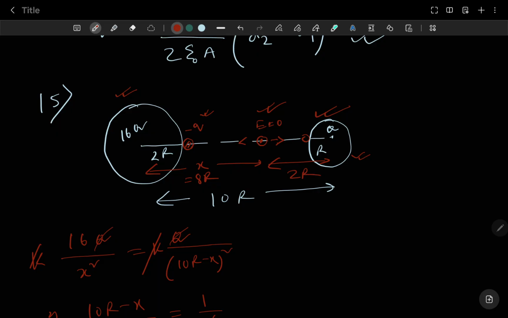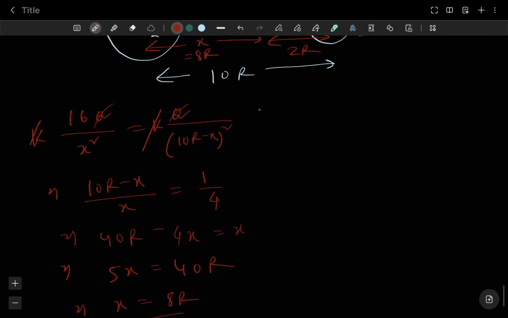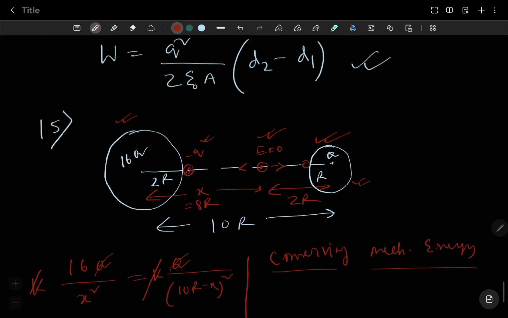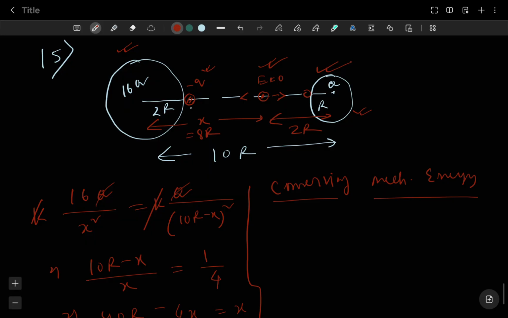Okay, distance. So now we just have to conserve the mechanical energy. See what we will get. At this point the velocity is v0, so half m v0 square is the kinetic energy, plus the potential energy.